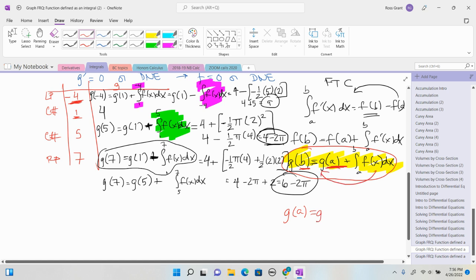So I would have taken g of b, my final amount, and taken away the integral of the rate or the net change. So your initial amount is your final amount, take away everything that accumulated. Think about that carefully. But you know what? I ended up with the same thing anyway, because by flipping the limits of my integration, that turned into a negative. So I have the same exact thing.